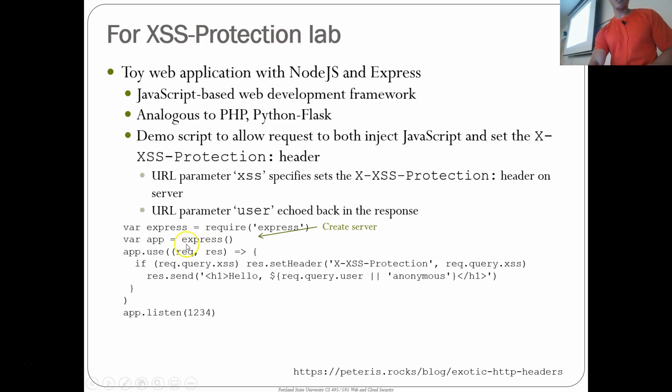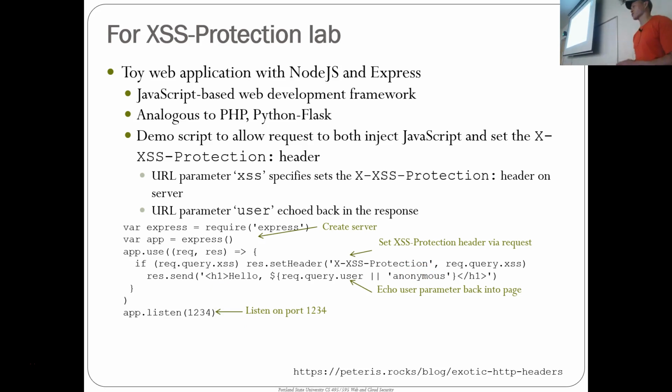So this line creates the server, and then this will register a request response handler that says take from the request the XSS field of the URL parameter, and then set the response header to whatever that thing has, and then as a response send this HTML that will echo whatever the user parameter is, otherwise say anonymous, and then this thing just listens on that port. So this is just a trivial Node.js server that you'll run.